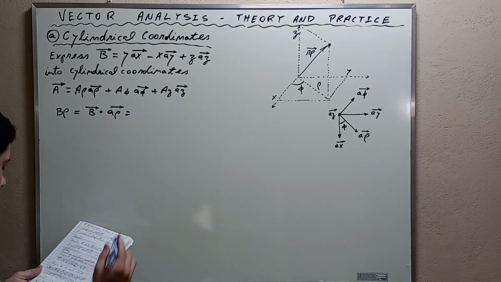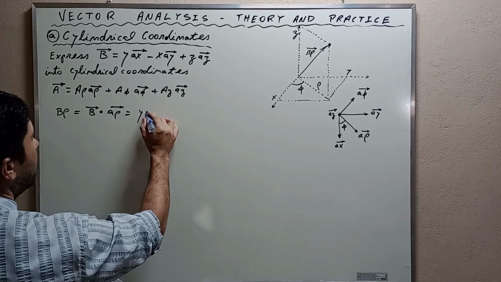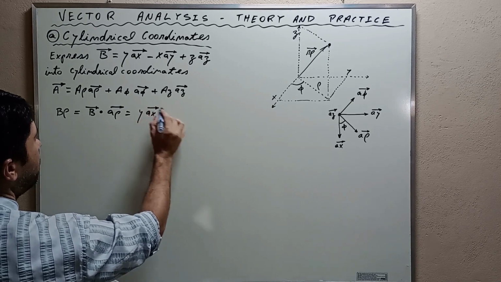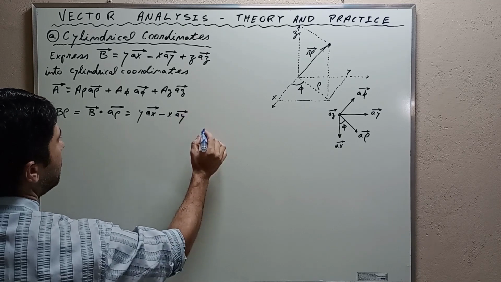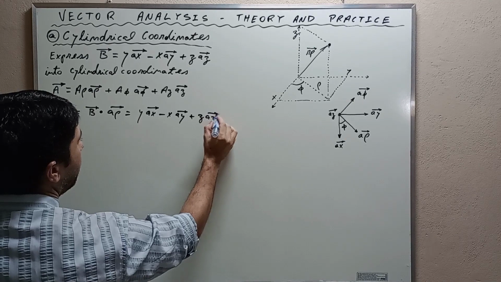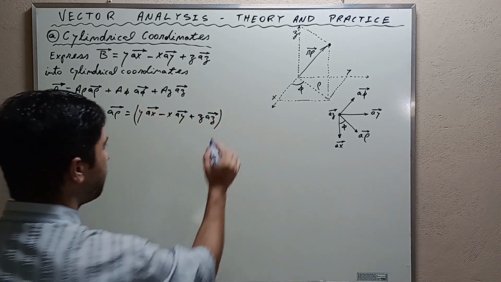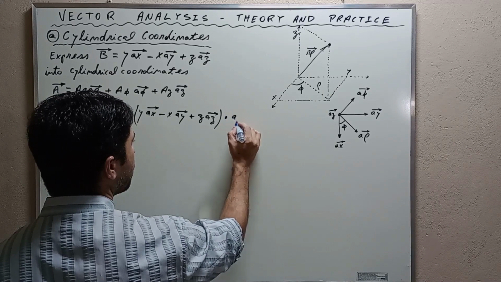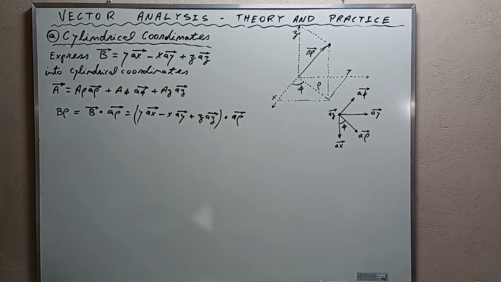And this is equal to the vector y in the x direction minus x in the y direction plus z in the z direction in a dot product with the unit vector in the rho direction.